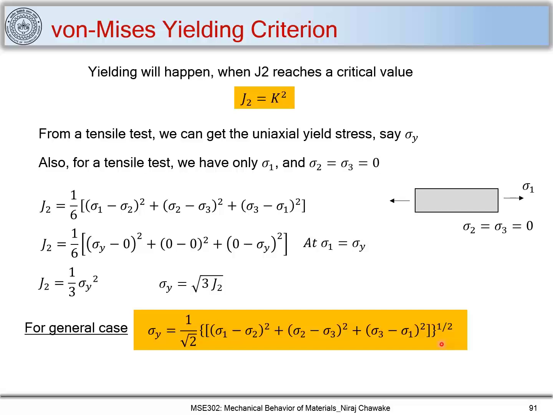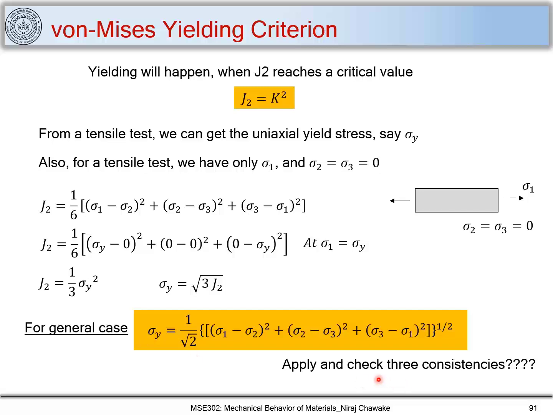So we have figured out when the material will start yielding. From a given stress state, we convert it into principal stresses, and from that we find J2, which is nothing but the second invariant of our deviatoric stress tensor, and we find out when our material will start yielding.